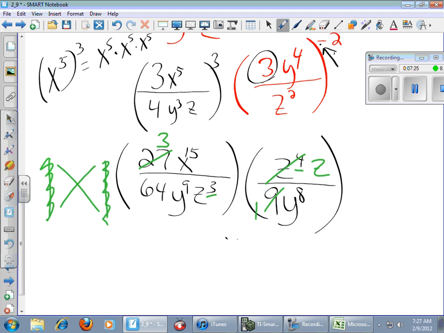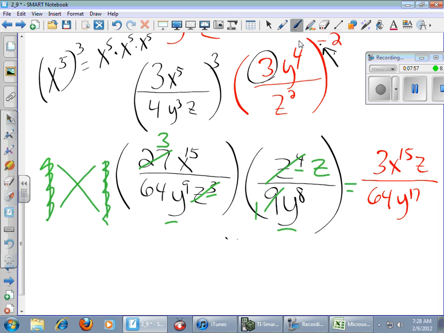That's going to leave me with a plain old z in the numerator. These y's will not cancel because they're both in the denominator. There's no division taking place there. I think I'm done canceling. So this will end up equaling, in my numerator, 3x to the 15th z over 64 y to the 17th. It's a long problem. All right, moving right along.